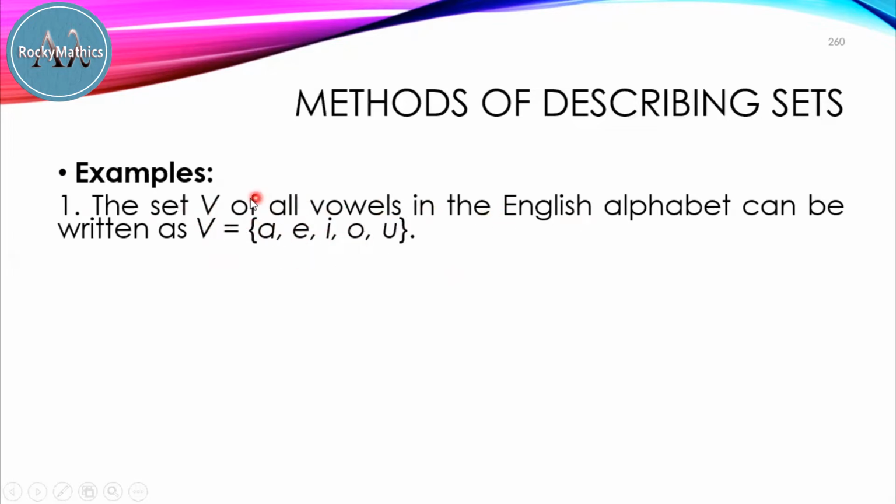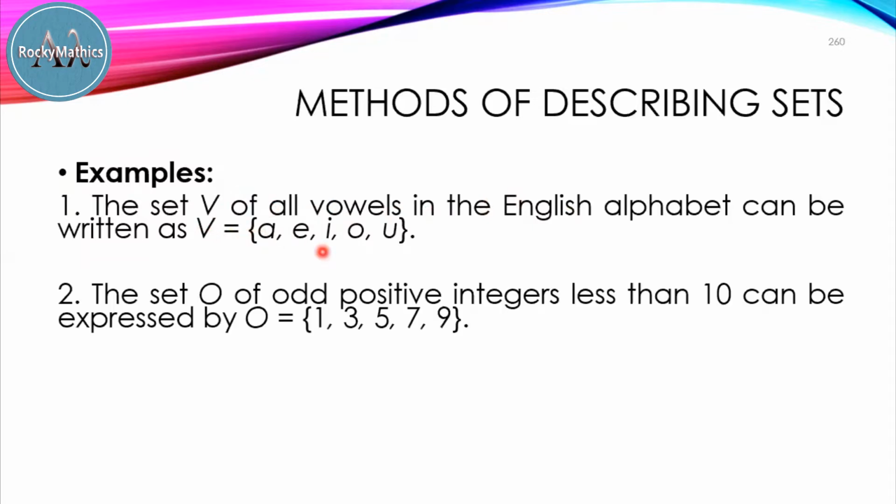And in mathematics, if we're going to translate this verbal statement, this is now the translation using the mathematical symbols. Number two, the set O of odd positive integers less than 10 can be expressed by O equals the set of 1, 3, 5, 7, and 9, because it is stated that O is the set of odd positive integers.